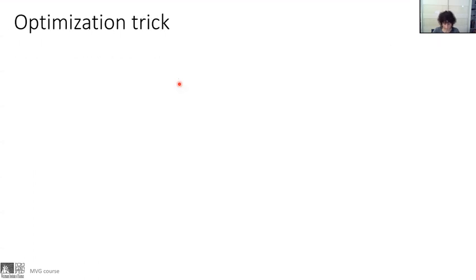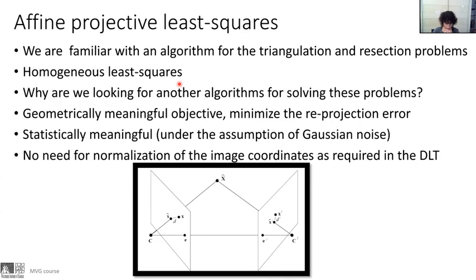Can you remind us about the normalization in the triangulation? What we did, we at the end divided by the fourth coordinate, right? Normalization, I mean, not exactly normalization.